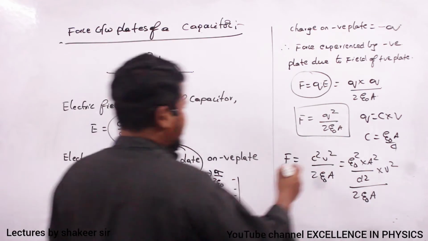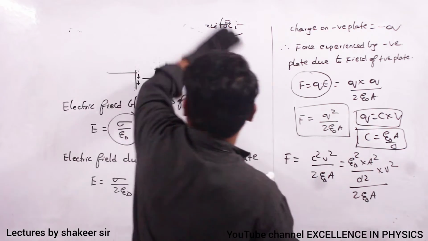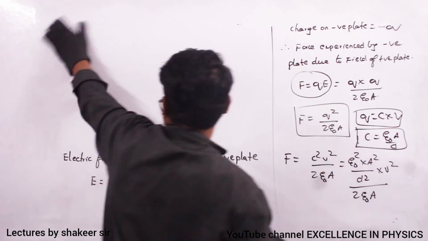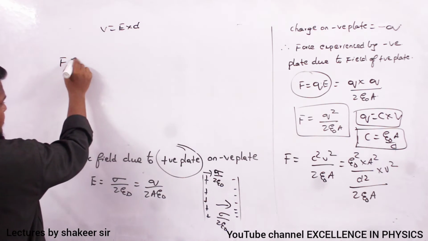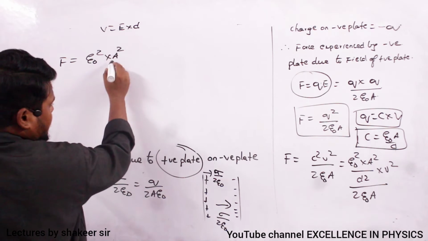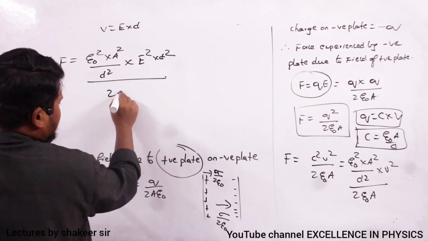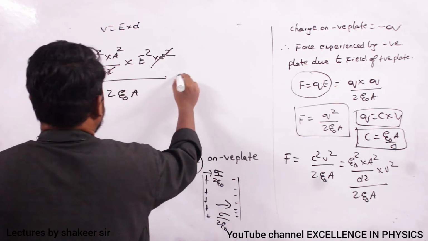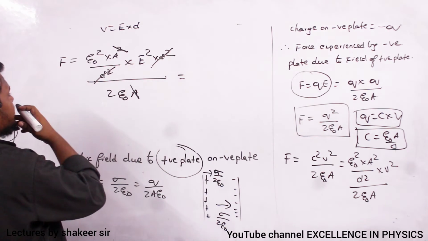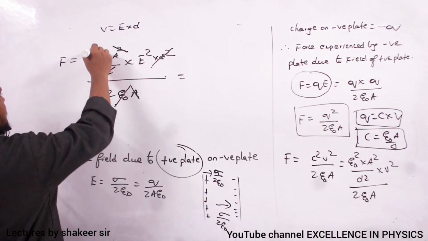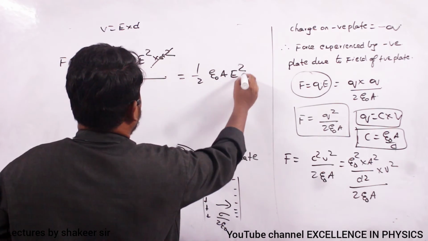Similarly, we have one more relation: V can be written as E into D. Substituting it, F is equal to epsilon naught squared A squared divided by D squared, multiplied by E squared D squared, divided by 2 epsilon naught A. D squared and D squared get cancelled, A and A squared get cancelled partially, and epsilon naught squared cancels with epsilon naught. So F equals half epsilon naught A E squared.